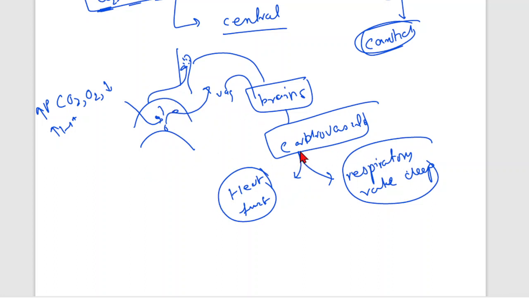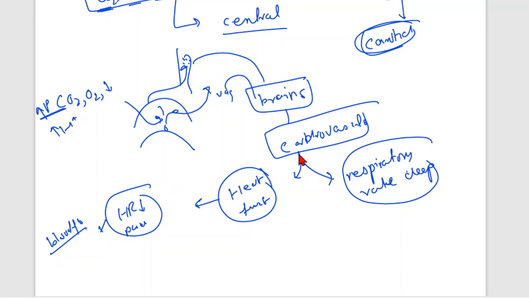In the first way, for example, when carbon dioxide increases, the signal first goes to the brainstem and cardiovascular center, and the cardiovascular center decreases the heart rate and increases parasympathetic activity to decrease blood flow.